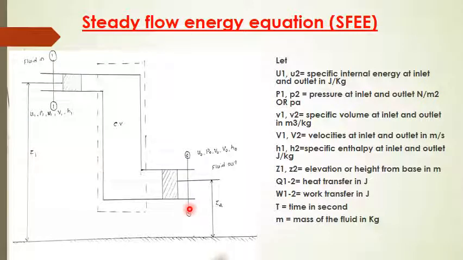So, we need to consider fluid properties at inlet and at outlet of the steady flow system. This is our control volume, and hence this is the thermodynamic system that we have considered.